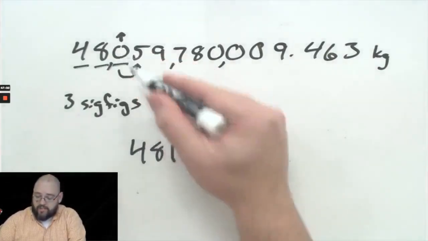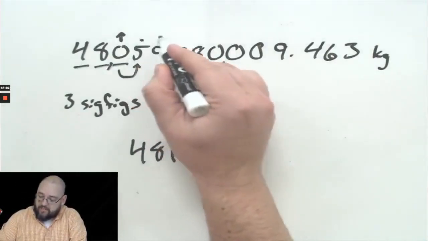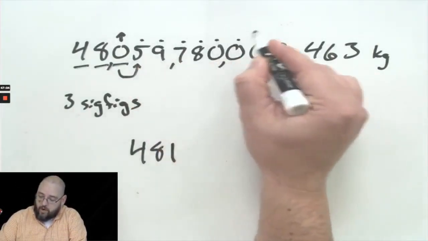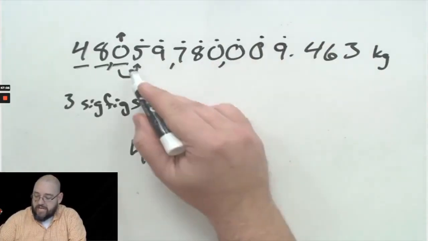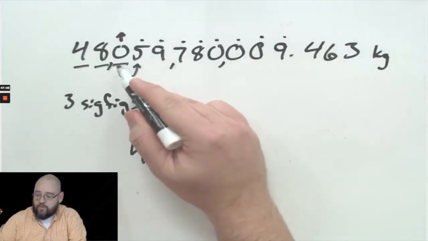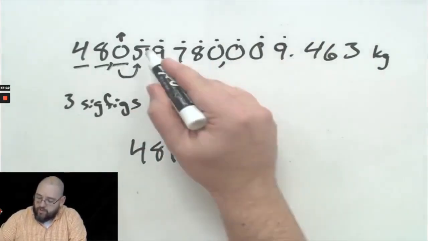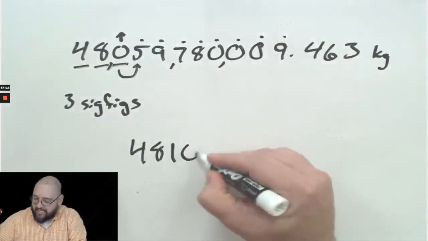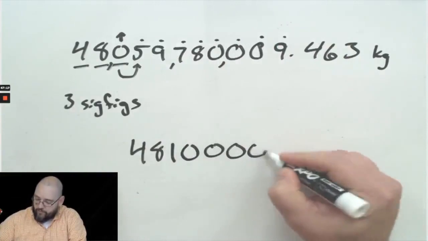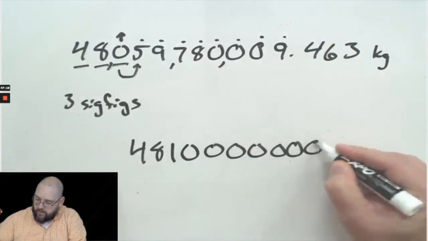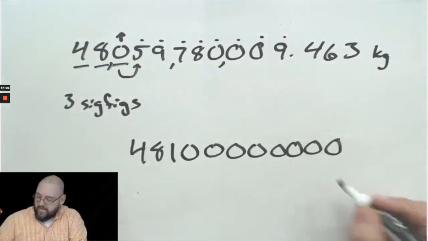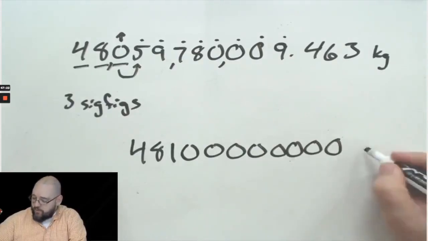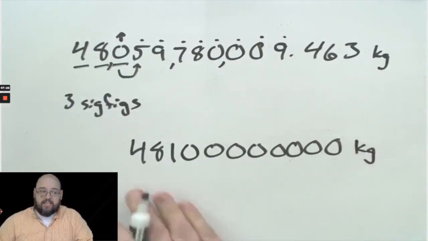I rounded correctly, but the problem is these digits here are placeholders. Everything from the digit we're rounding to the decimal, that's 1, 2, 3, 4, 5, 6, 7, 8 places, I need to fill in with zeros. And I do not write the decimal because now the decimal is not present.